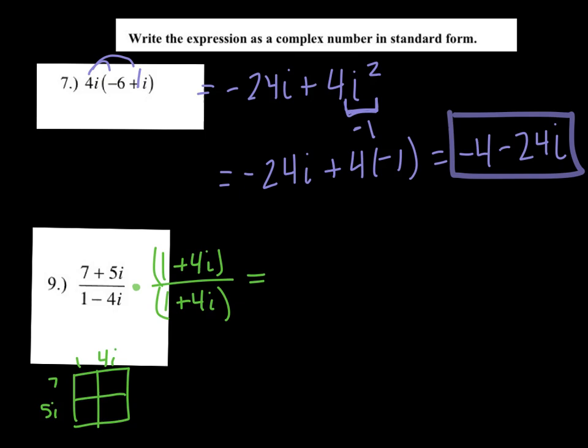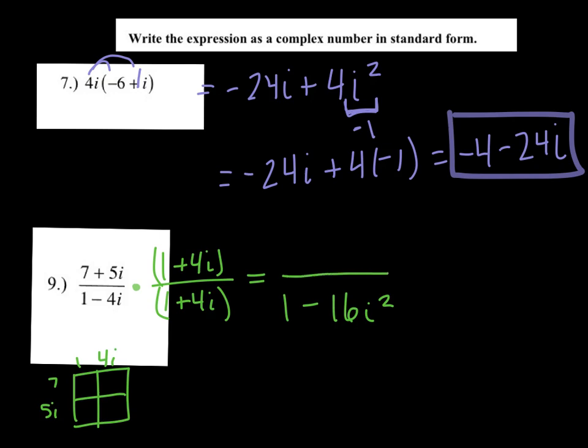Remember, that just means opposite signs. So you really just multiply the first term. So 1 times 1 is 1. Always going to be minus because it's a negative times a positive. And then whatever 4i times 4i is. So minus 16i squared will become the bottom.